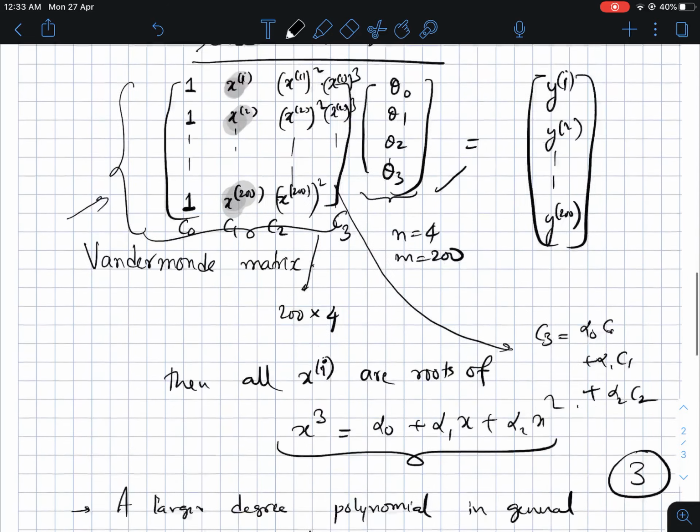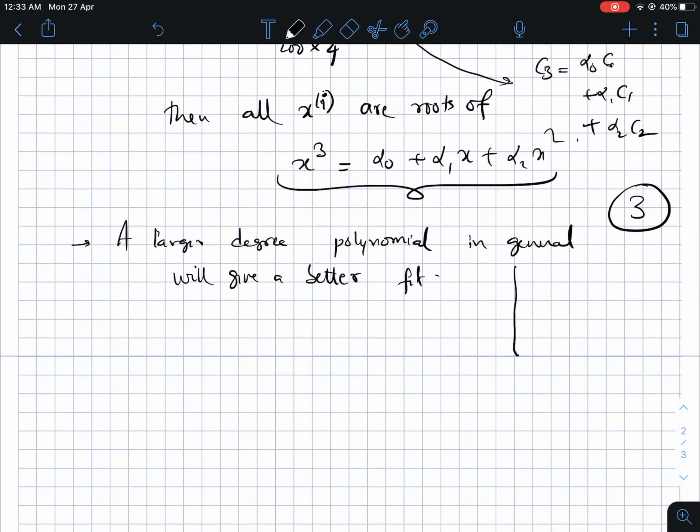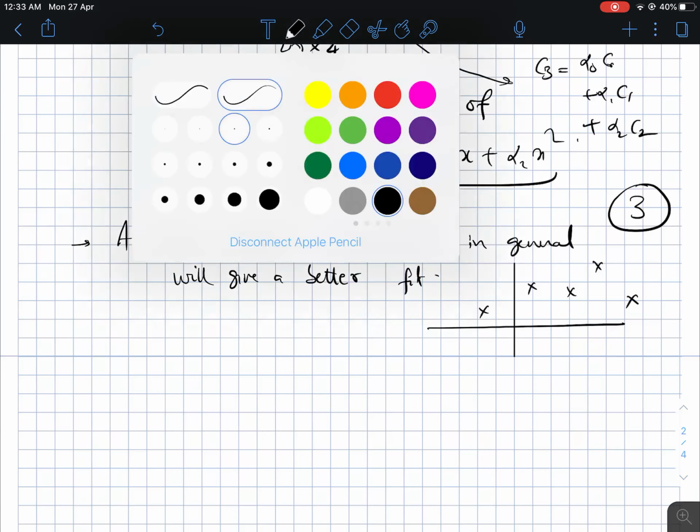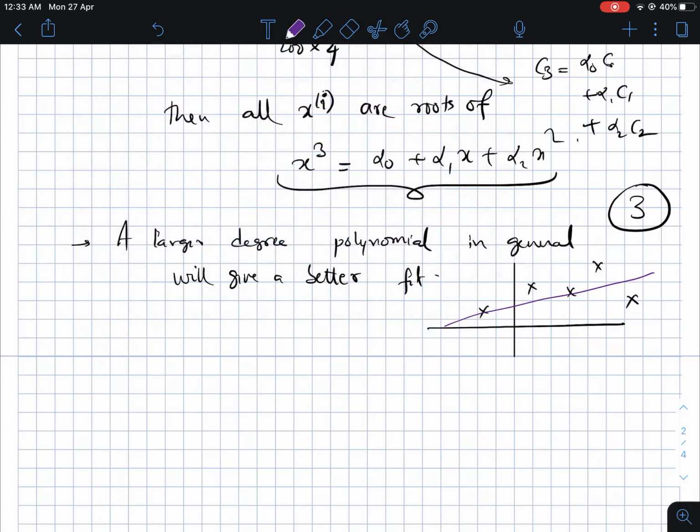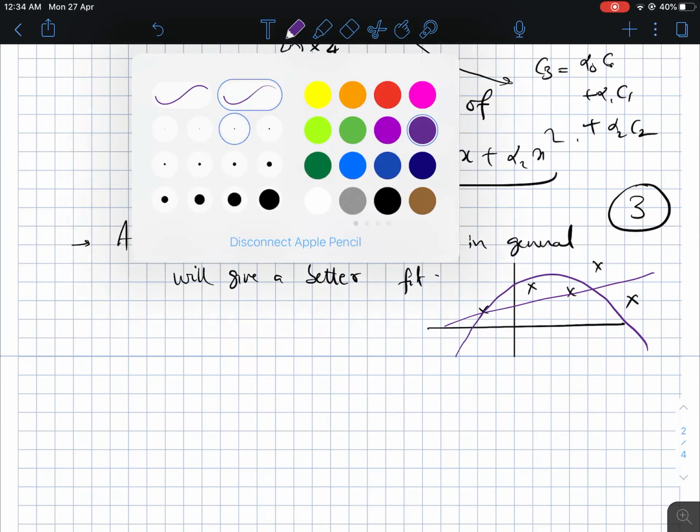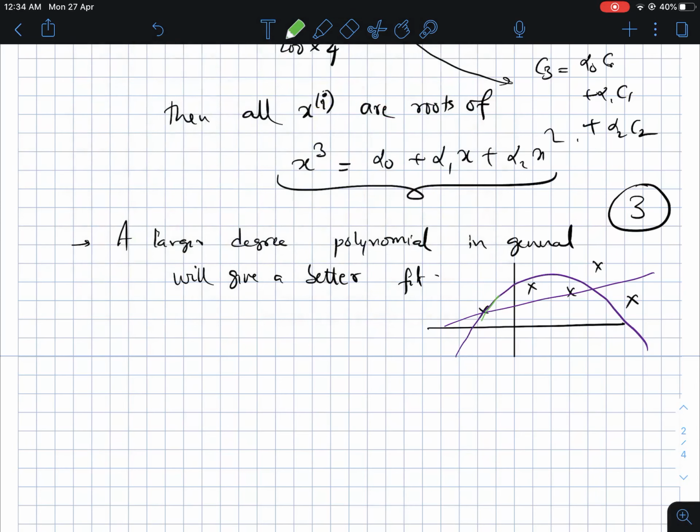Just to give you an idea, let us say you have your data located like this, right? If you fit a straight line, you might just get some line like this. But if you fit a quadratic, maybe you will get some quadratic like this. If you fit a cubic, then maybe you will get something like this.